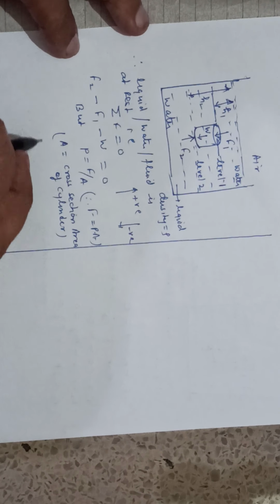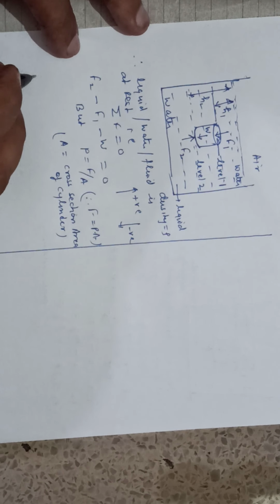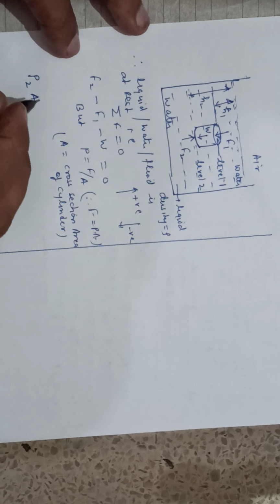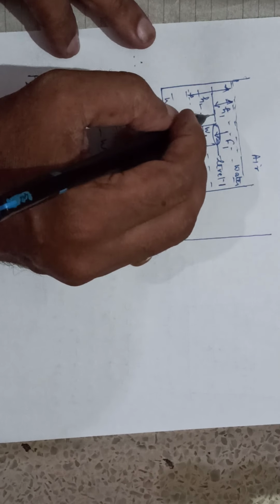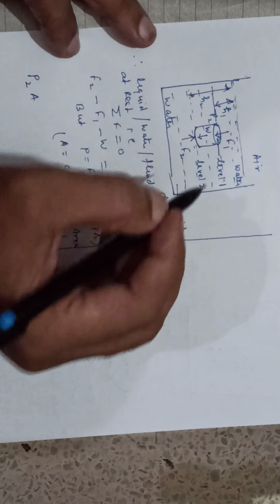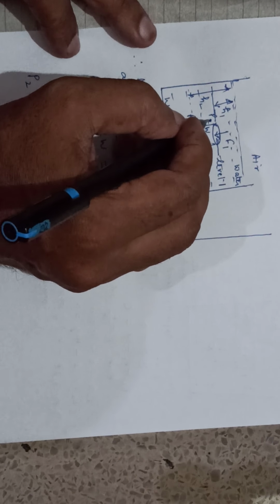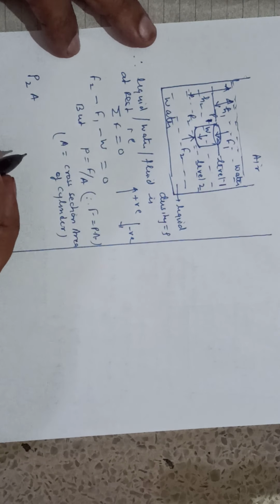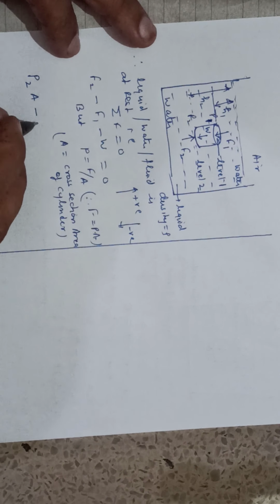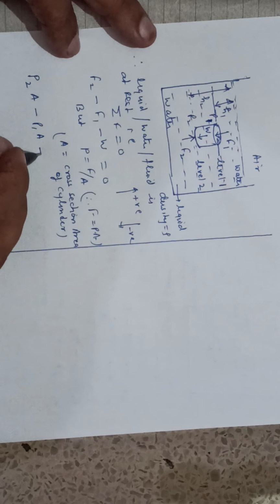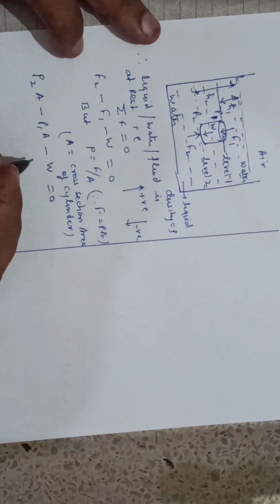So what is F2? Let P2 be the pressure at level 2 and P1 the pressure at level 1. So F2 = P2A, F1 = P1A, and the equation is P2A minus P1A minus W equals 0.